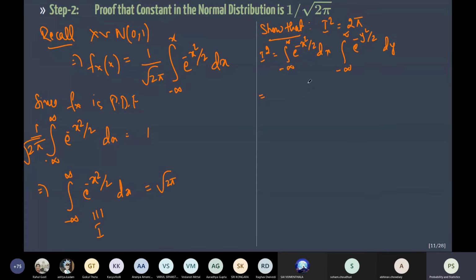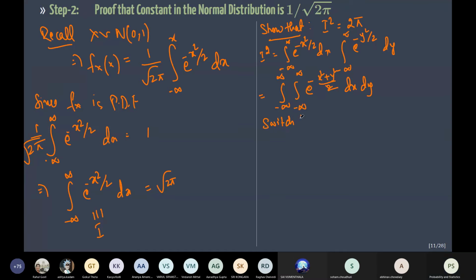So I can combine these, and this becomes a double integral from minus infinity to infinity of e to the minus (x square plus y square) by 2 dx dy, and now we switch to polar coordinates.